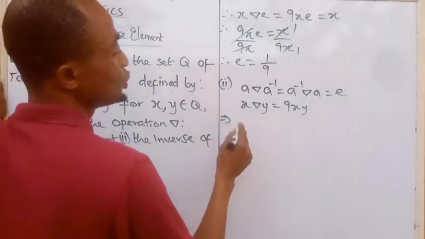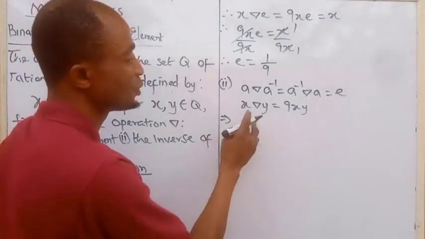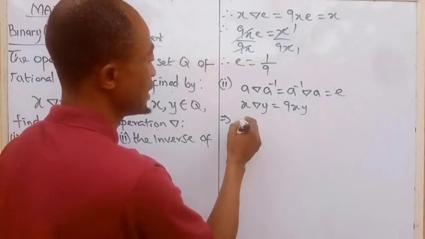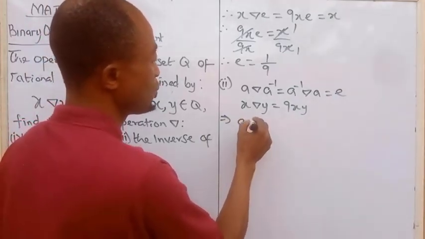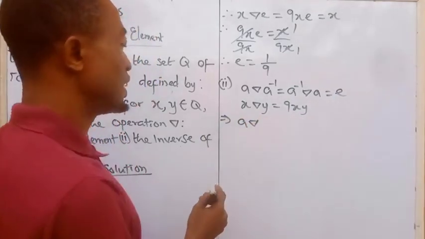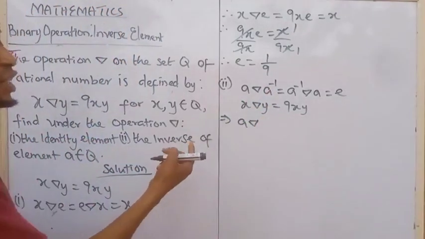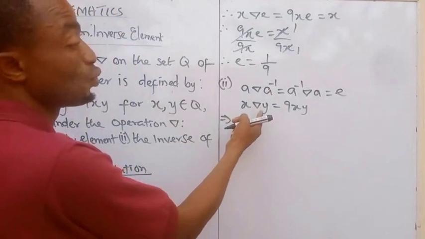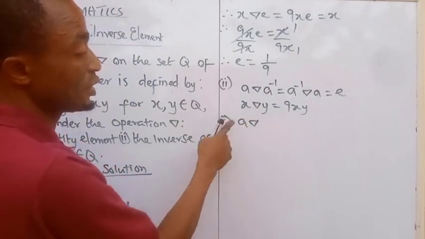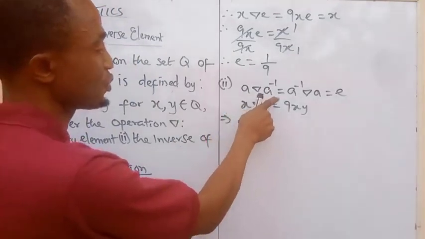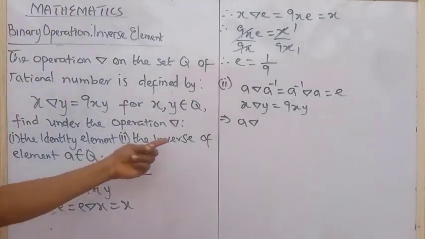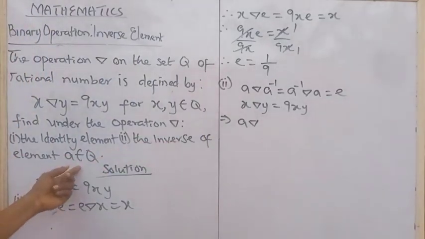This will be equal to, from here, a * y. Instead of y, we use the inverse of a, because the question is to find the inverse of a.